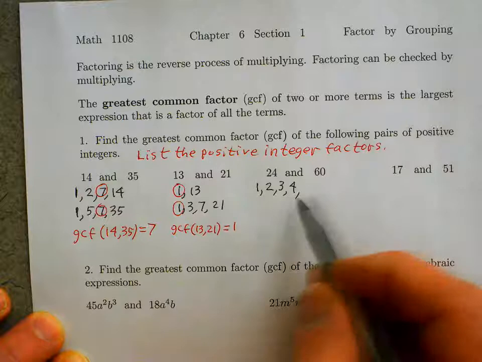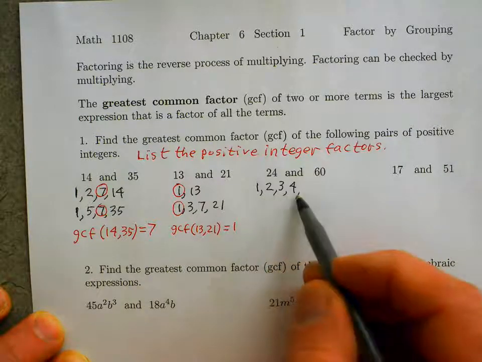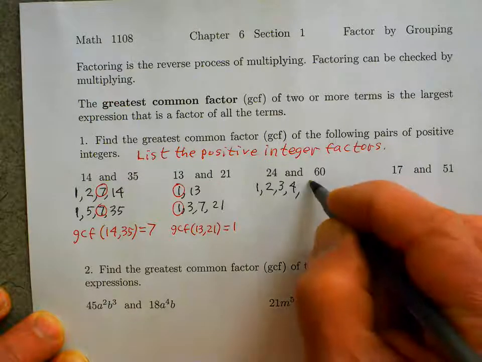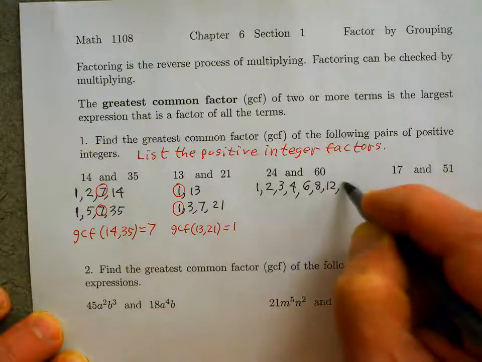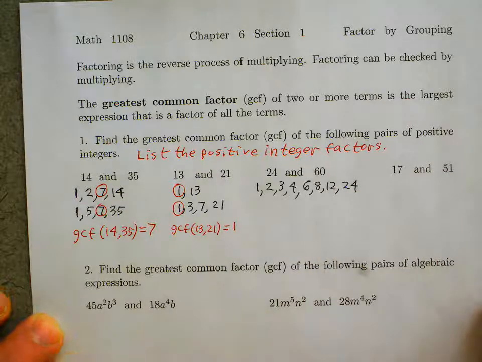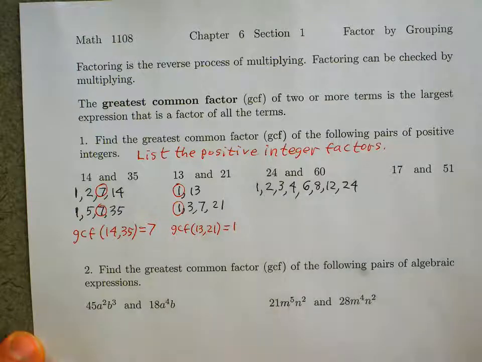And then we list the other factors that match with each of those: 6, 8, 12, and 24. So those are the positive integer factors of 24.